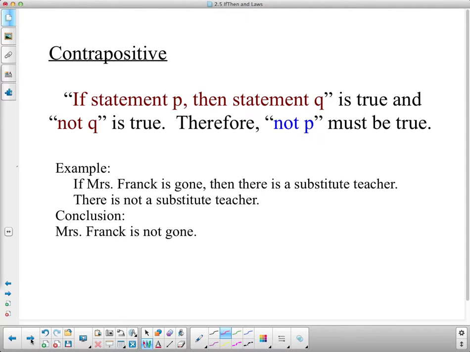All right, and then there's a contrapositive. If statement P, then statement Q is true. So you're gonna have an if-then statement, and then not Q is true. So remember the one up here, where we came up with no conclusion?